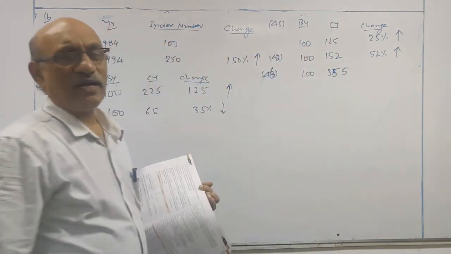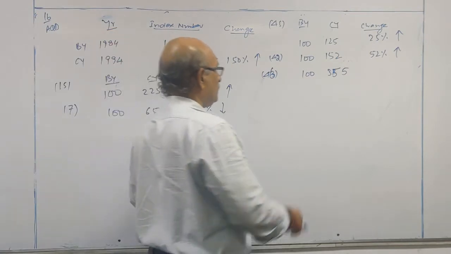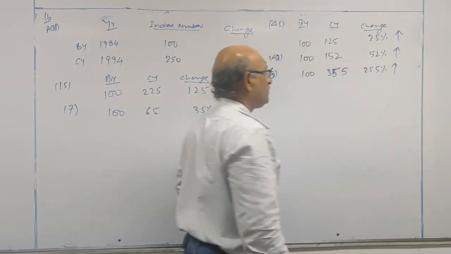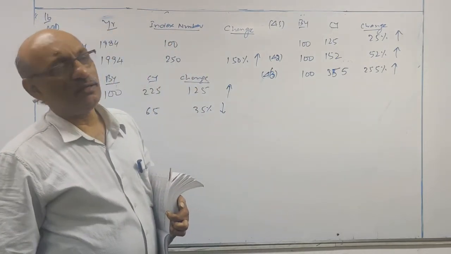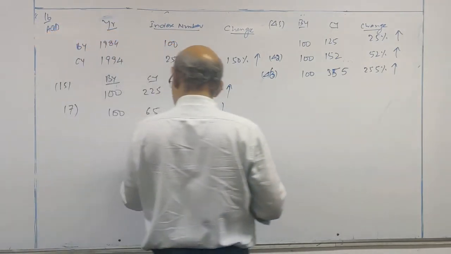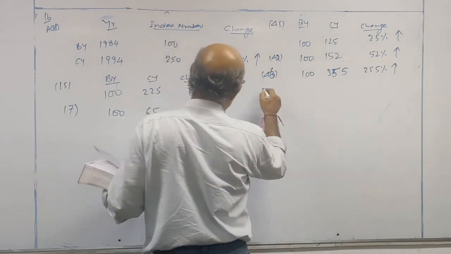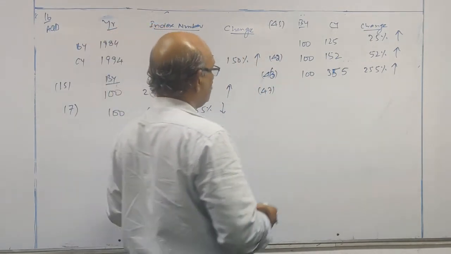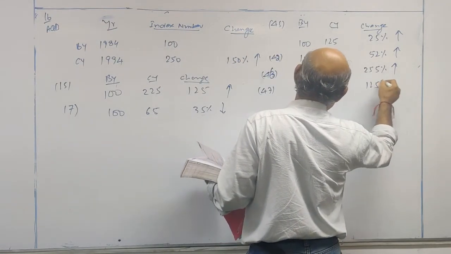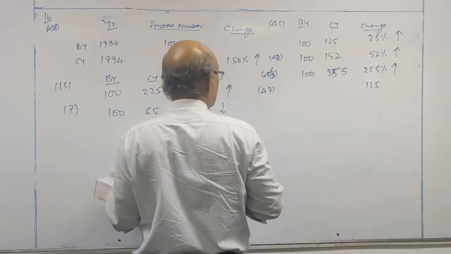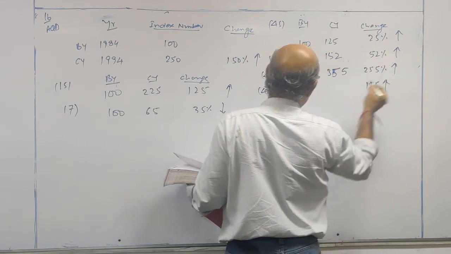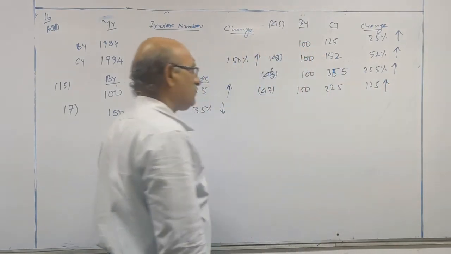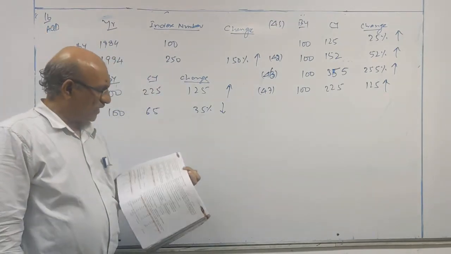Base year index is 100 unless otherwise stated, therefore 255% increase, upward trend. Next, 47 and 15 are one and the same. Change is given 125, upward trend. Base year index is 100, current year index is 225.